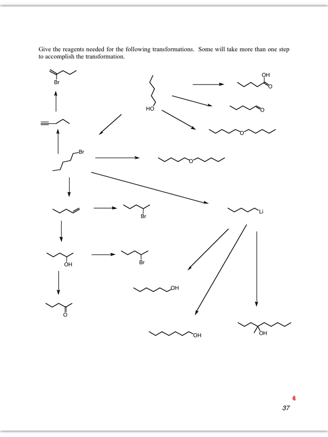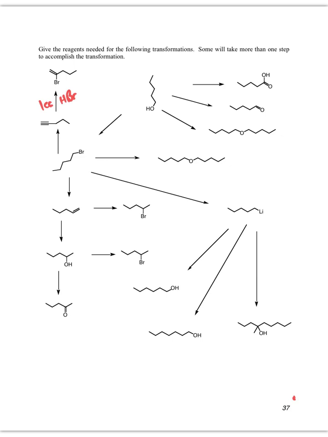And then here we have all of the reactions we've talked about in the transformations and what we can do. So to go from a triple bond to the vinyl bromide, it's one equivalent of HBr.